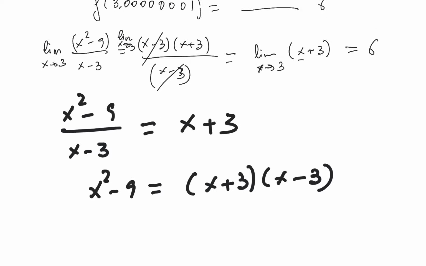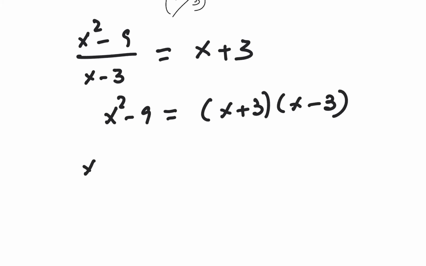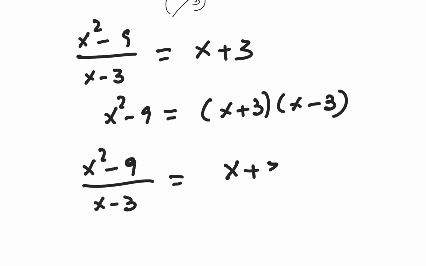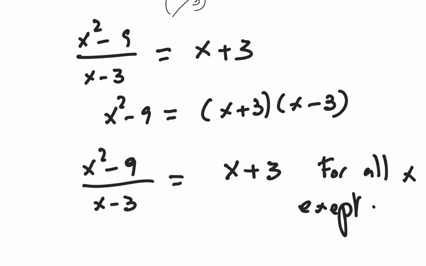So the function x squared minus 9 divided by x minus 3 is x plus 3 for all x except at x equal 3. At x equal 3 it is not equal because it's not defined.